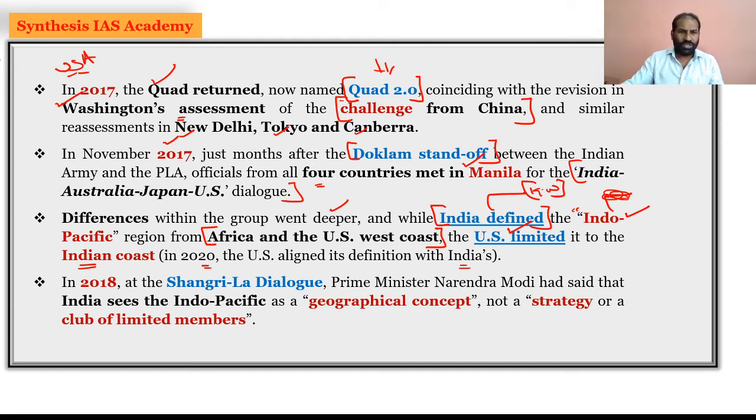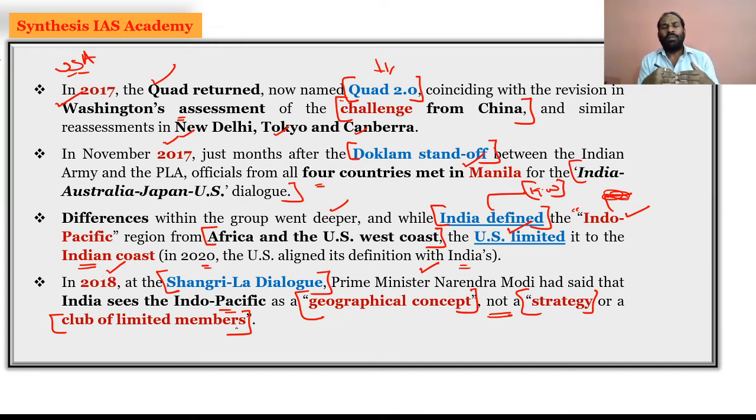So there were differences growing deeper in regards to defining the Indo-Pacific region and the Indian coast. Again in the year 2018 we have seen a dialogue, the Shangri-La dialogue. Indian Prime Minister Narendra Modi made it very clear that India sees Indo-Pacific as a geographical concept, and not as a strategy or a club of limited members.